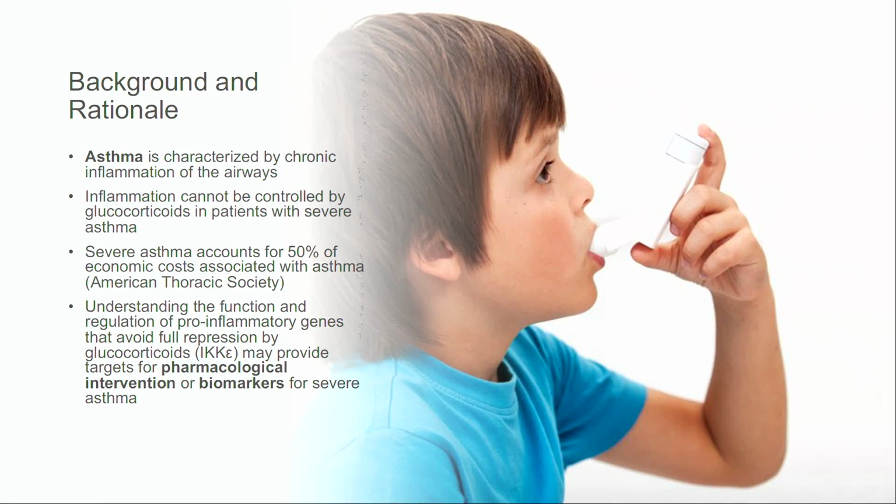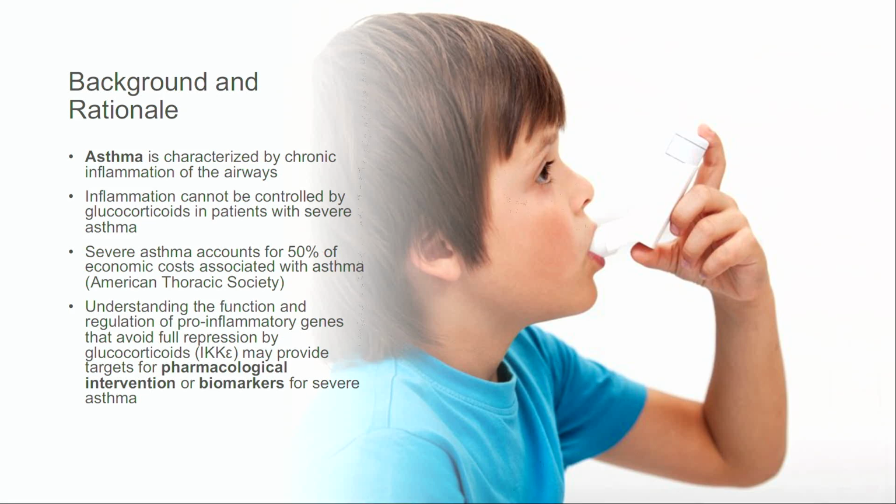So, as discussed before, asthma is generally characterized by chronic inflammation of the airways, and especially discussed by Dr. Swindle, inflammation is not well controlled in patients with severe asthma by glucocorticoids. Although severe asthma only accounts for up to 5% of individuals with asthma, it does account for over 50% of the economic costs associated with asthma.